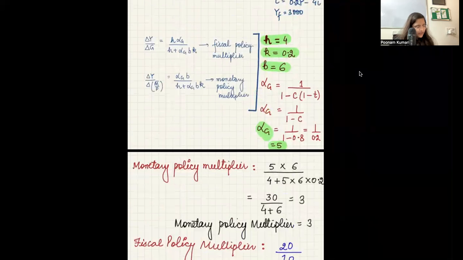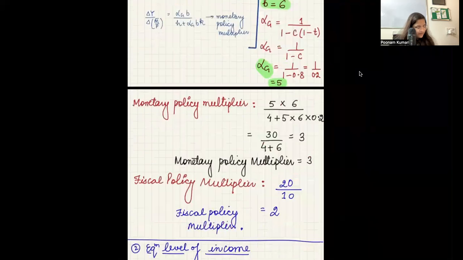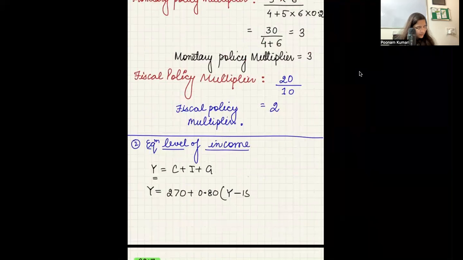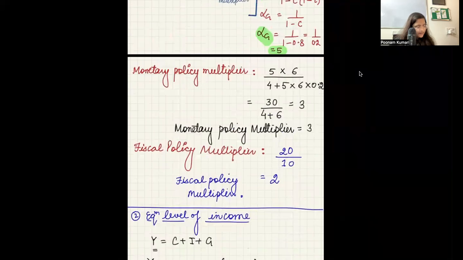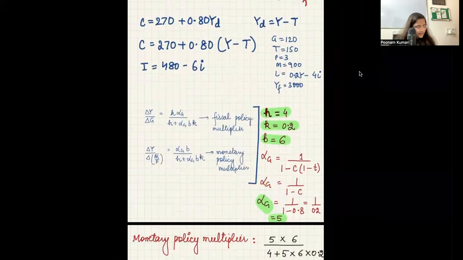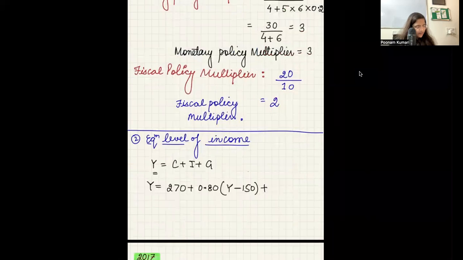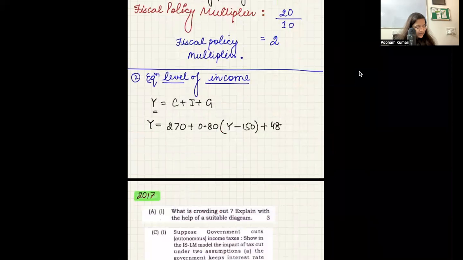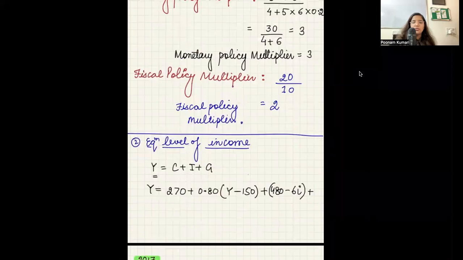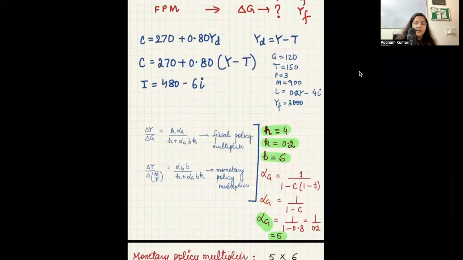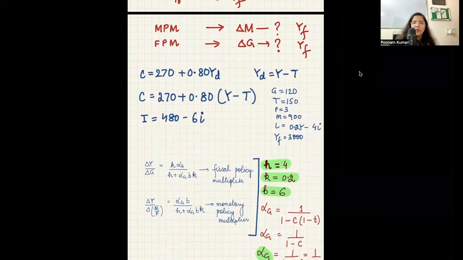T value is 150. So this is C plus I. I is 480 minus 6i, and then G. G is 120.